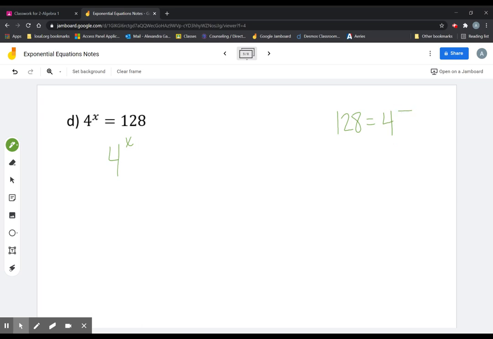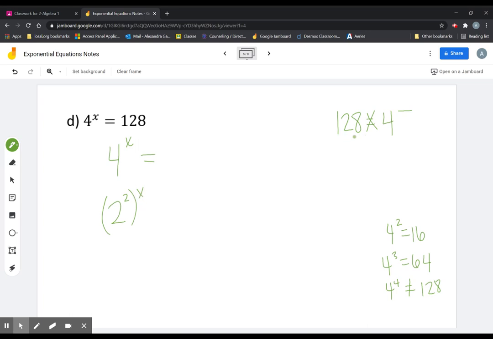It looks like 4 squared is 16, 4 cubed is 64. 4 to the 4th does not equal 128, because that should be like in the next thing. So I can't really write 128 as 4 to a power. So I have to look at a number that I can write, 2. I can convert 4 into something. And I can actually convert that to 2 to a power. Right? It's 2 squared.